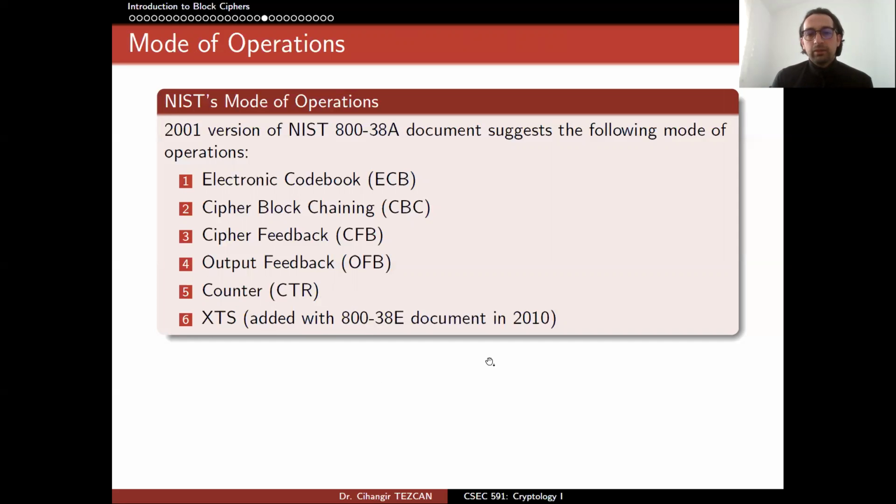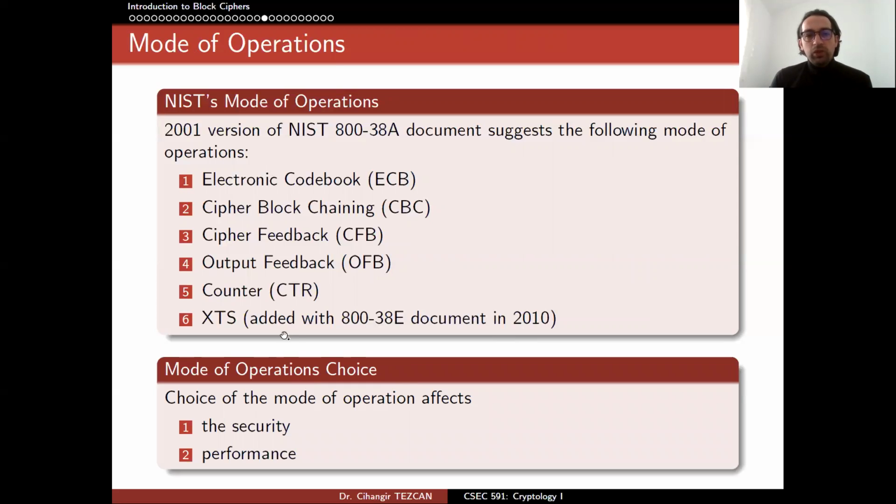Then later on, they provided an extension to this document, and there they also added XTS, because this is the full disk encryption standard by IEEE and also used by other organizations as a full disk encryption standard.